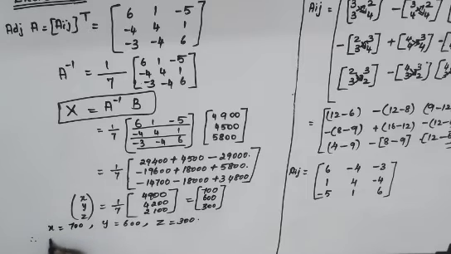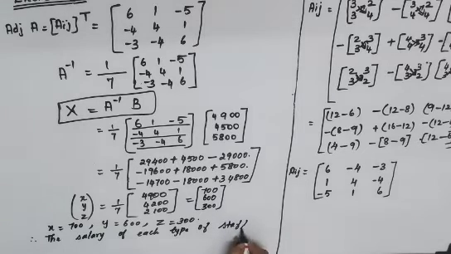Therefore the final answer is the salary of each type of staff are rupees 700, rupees 600 and rupees 300 respectively.